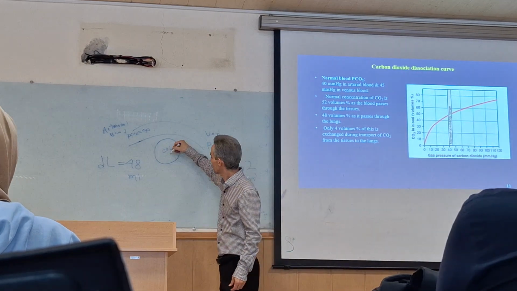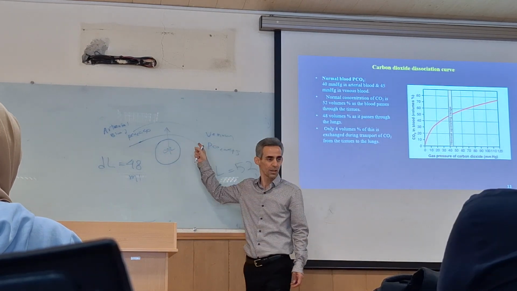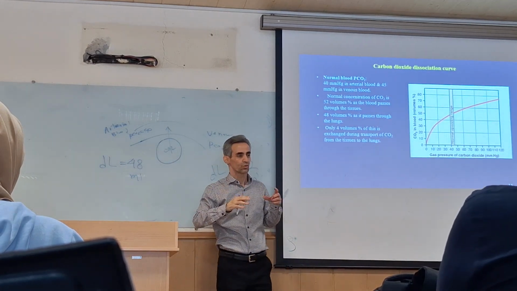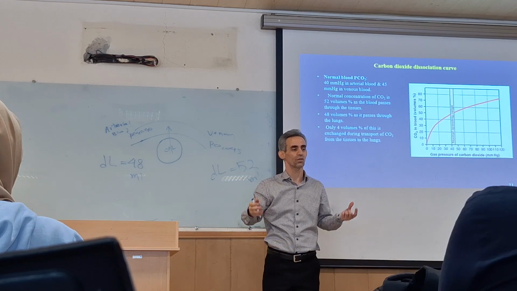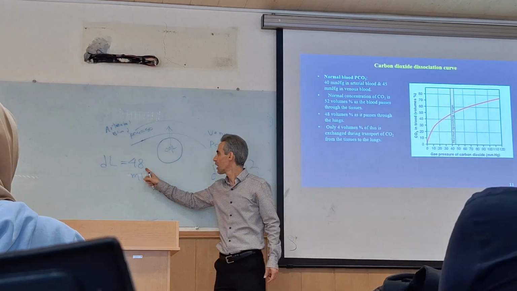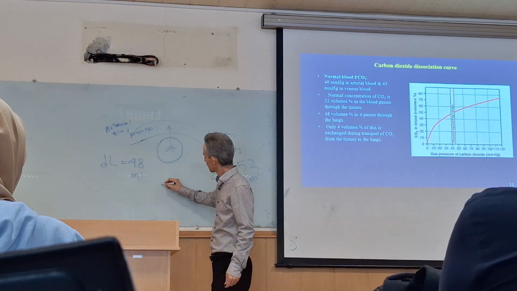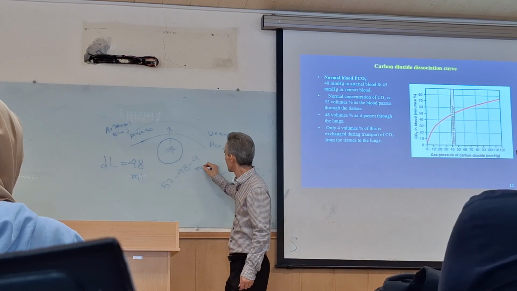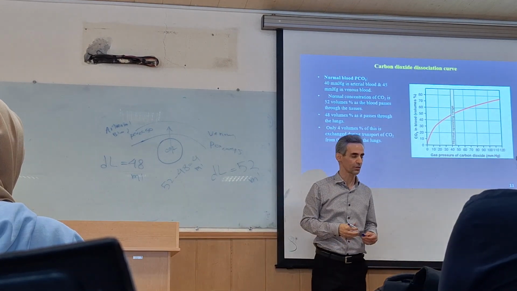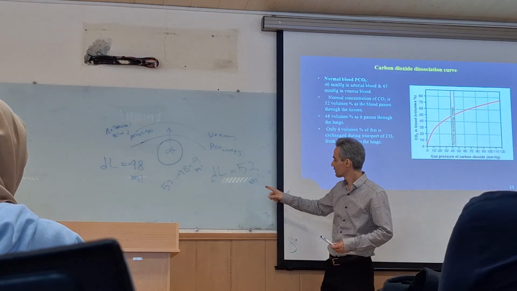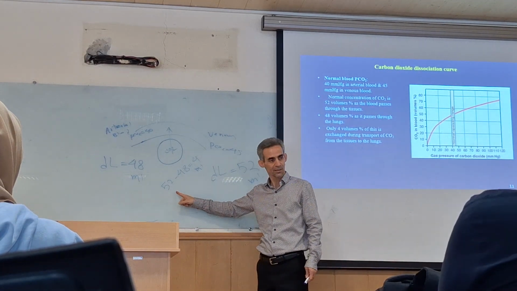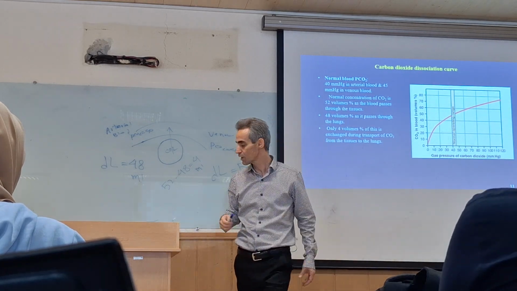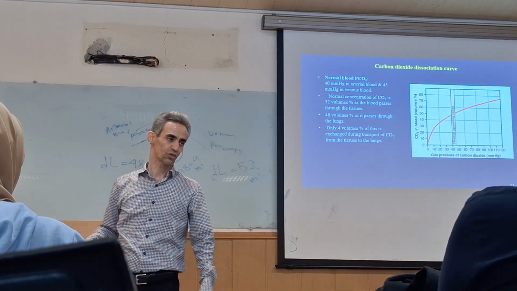The carbon dioxide from the tissue goes into the blood, and by this can increase the total content, total amount of carbon dioxide. How much? 4, because 52 minus 48 is 4 milliliters of carbon dioxide. Means that each deciliter of blood can remove 4 milliliters of carbon dioxide from peripheral tissue.